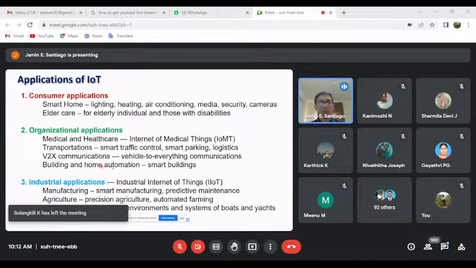Now, the building and home automation, we have one project, I think 2 semesters ago. We want to create the smart building. One official of our college wants to implement the smart building. So they have divided the work among several groups.